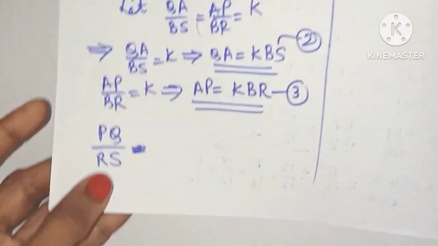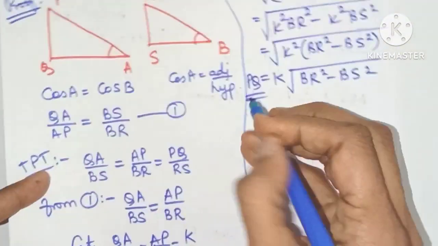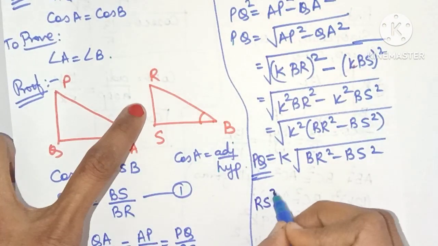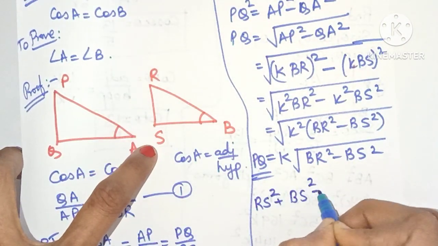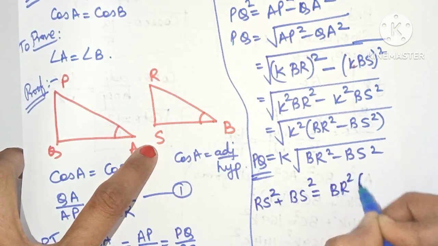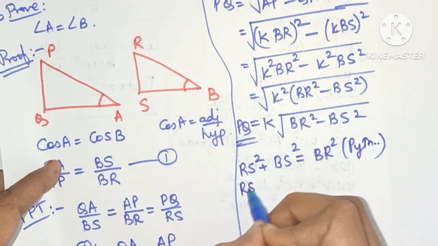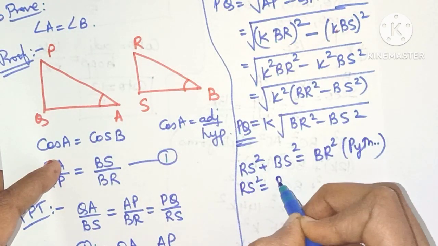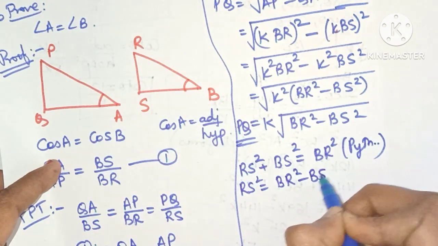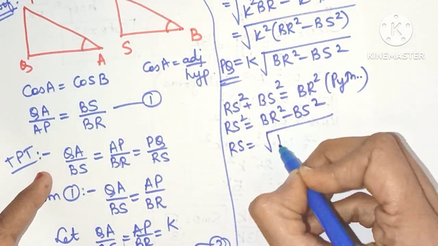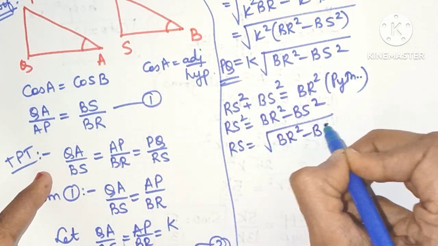But what about the other side, RS? Let's also write RS in terms of Pythagoras theorem. So RS square plus BS square is equal to BR square by Pythagoras theorem. So let me write RS square as BR square minus BS square. Okay, so RS is nothing but square root of BR square minus BS square.